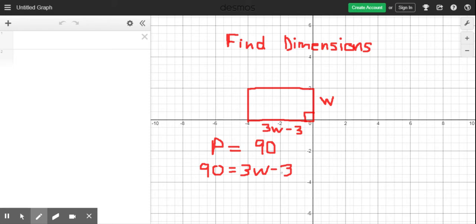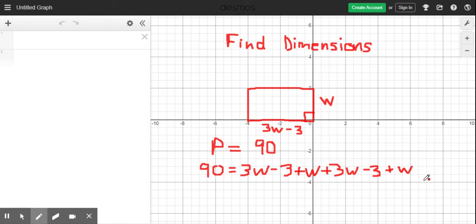And then we have the width of W. And then along the top, it's the same length as the bottom because that's a property of rectangles, opposite sides of the same length. So we have another 3W minus 3, which we could have said 2 sets of 3W minus 3. 2 times 3W minus 3 and 2 times W, or, we can just write it this way.